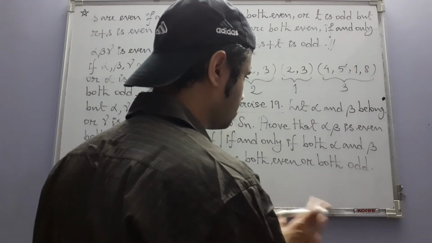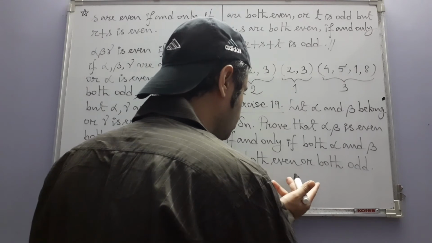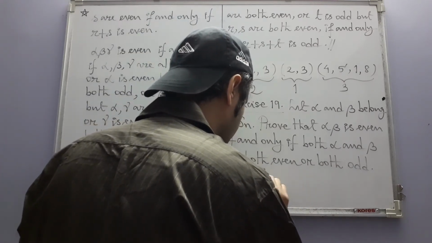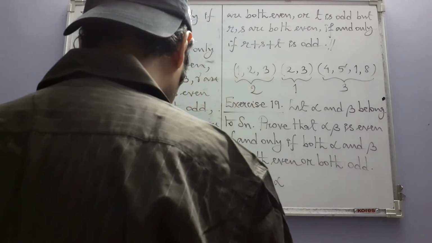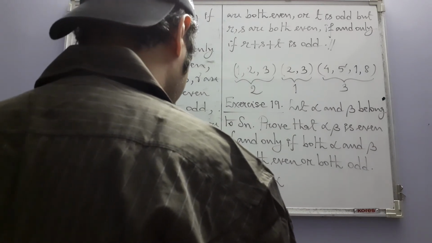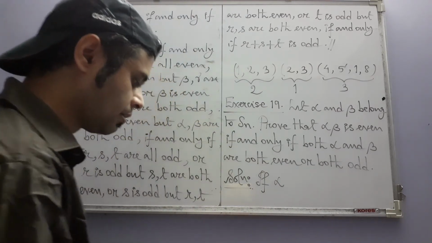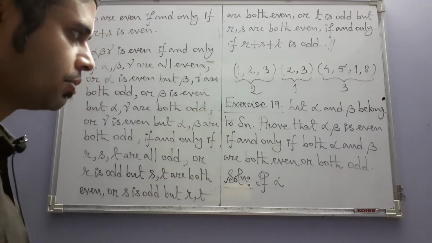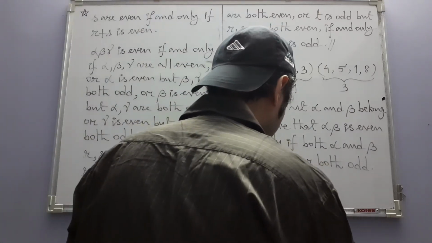So it's an if and only if statement. There are two things to prove. If alpha and beta are both even, then alpha beta is also even, which we have already proved in the solution to exercise 17.